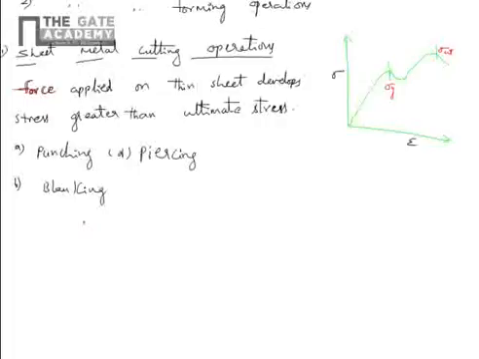Sometimes we may get 5 marks also, just on punching and blanking. If you know this topic clearly, you can get 2-3 mark questions. In punching and blanking, both operations are similar.